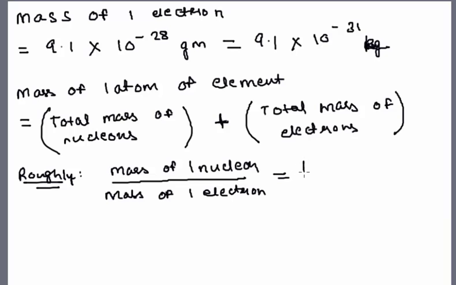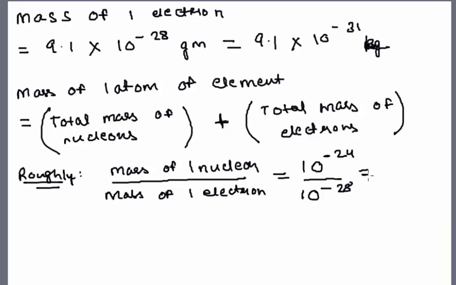See, the mass of one nucleon was of the order of 10 raised to the power minus 24. I'm just taking the rough values. I'm ignoring the initial numbers. I'm just focusing on the powers of 10. So it was in the range of 10 raised to the power minus 24 in grams. And similarly, the mass of one electron was in the range of 10 raised to the power minus 28.